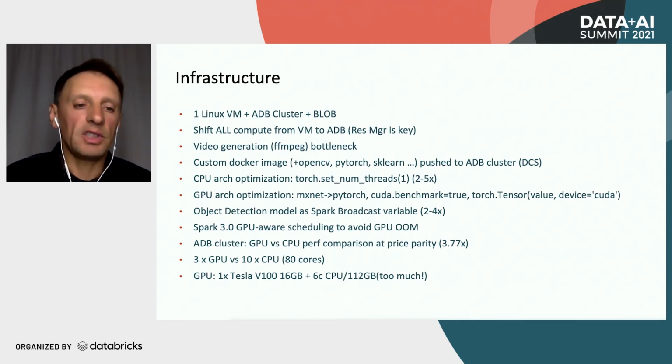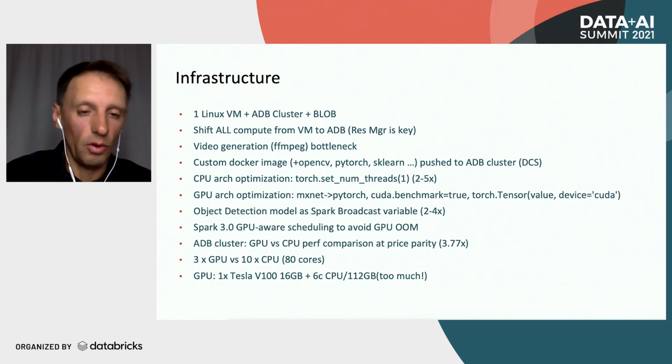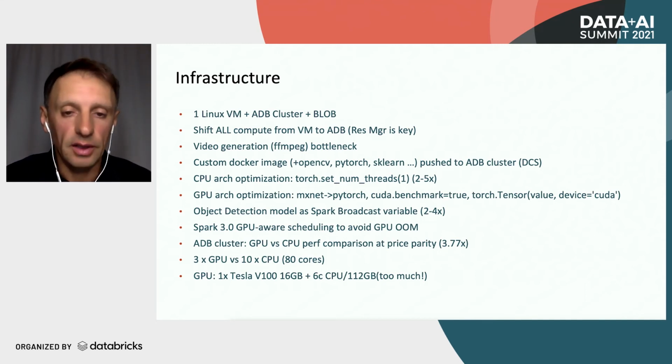So now with Spark 3.0, we're in the process of moving to GPU-aware scheduling, where we can know how many GPU processes we actually have, and do the partitioning based on that number instead of the CPU cores. That's how we can avoid out-of-memory errors, especially when running multiple videos in parallel.